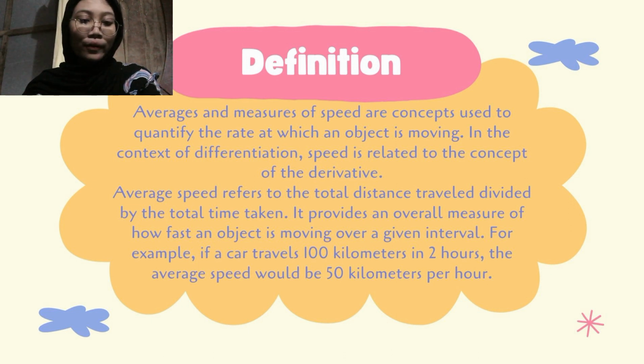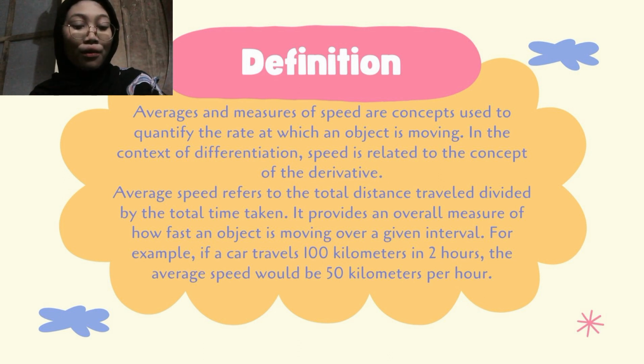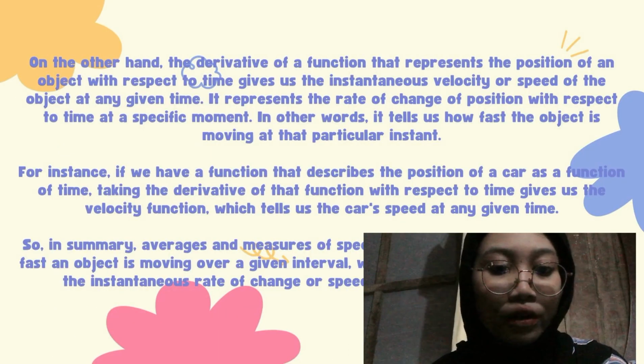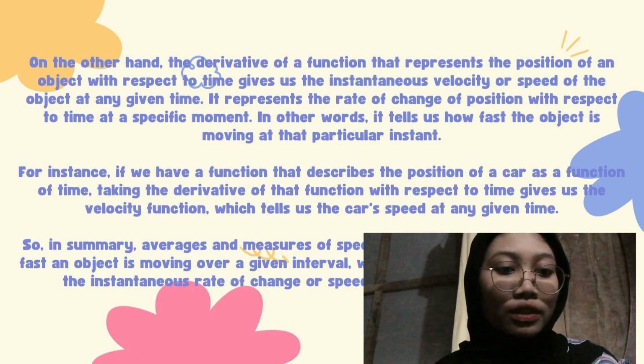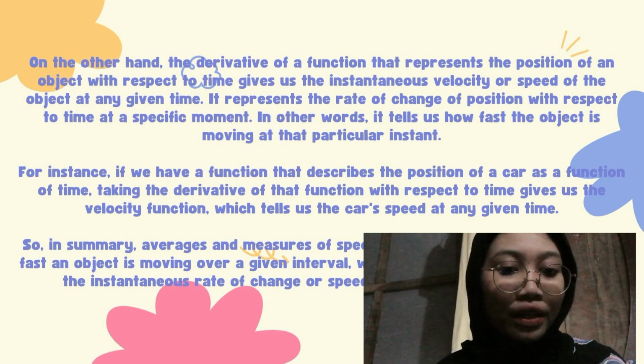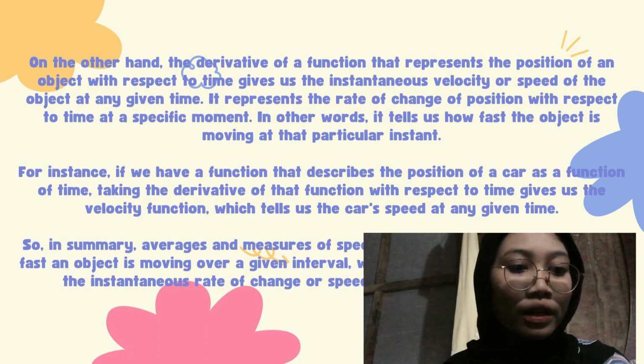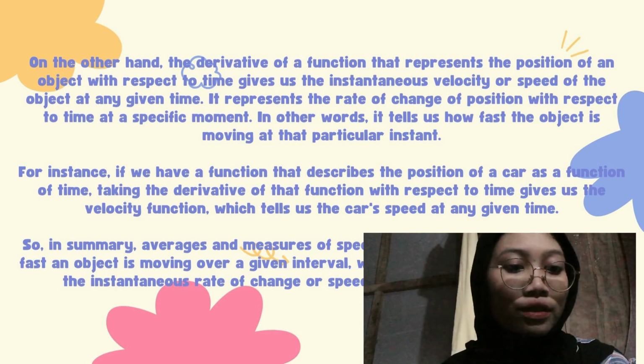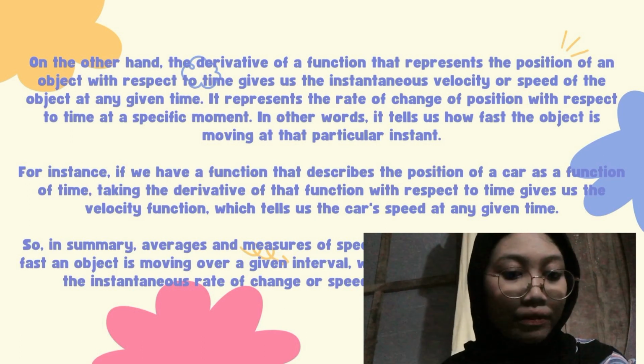For example, if a car travels 100 kilometers in 2 hours, the average speed will be 50 kilometers per hour. On the other hand, the derivative of a function that represents the position of an object with respect to time gives us the instantaneous velocity or speed of the object at any given time.